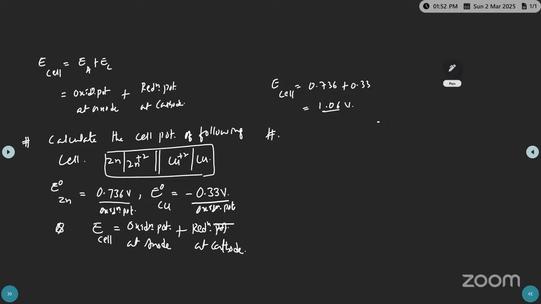Next, a nickel electrode. Its potential is given as E naught equal to minus 0.13 volts, combined with an aluminium electrode.